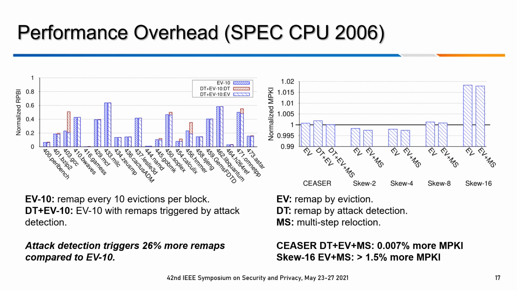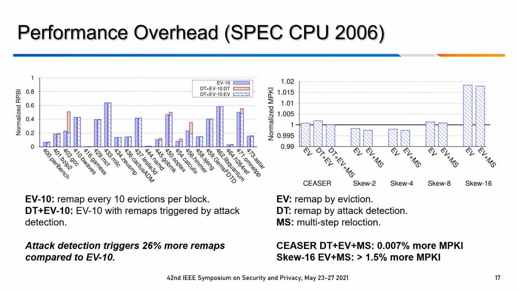As shown on the right-hand side graph, when all techniques are applied to a non-skewed CEASER, the overhead in miss rate is a tiny 0.007%. On the contrary, when the maximum skew is applied, the overhead increased to 1.5 more misses. It is shown that randomized set-associative cache can be made secure enough with marginal performance cost, while using extreme skewing actually hurts the performance.